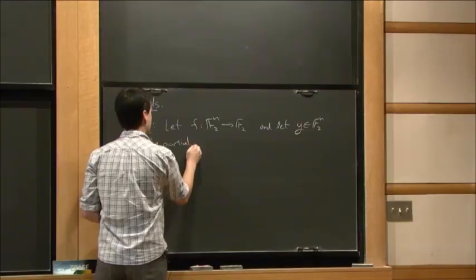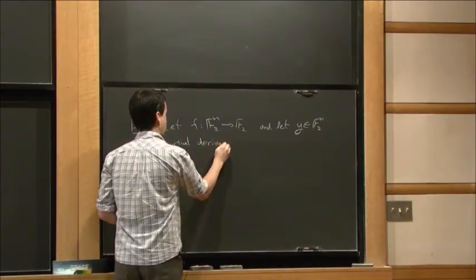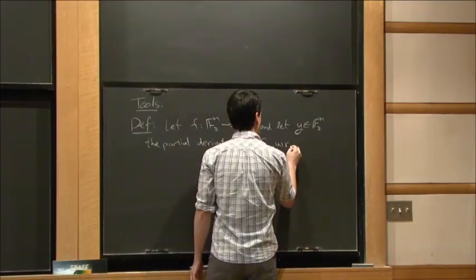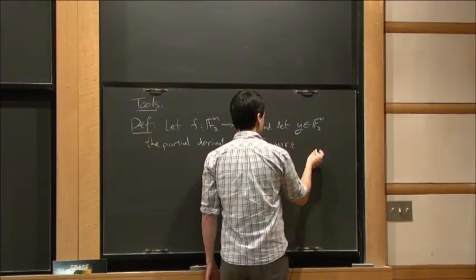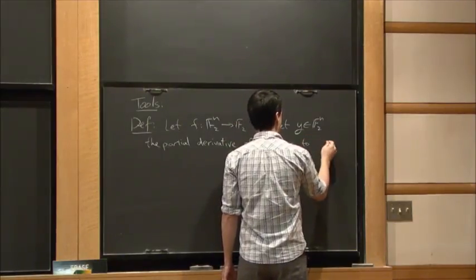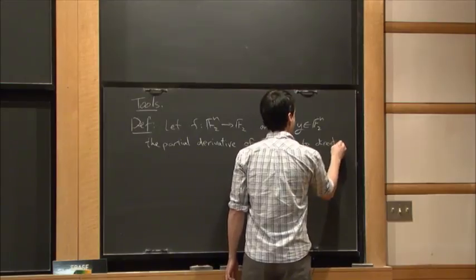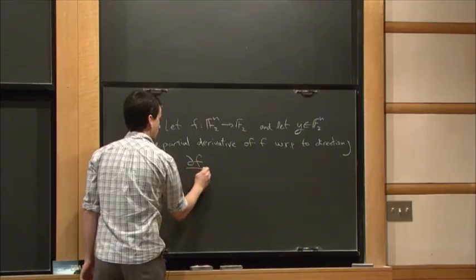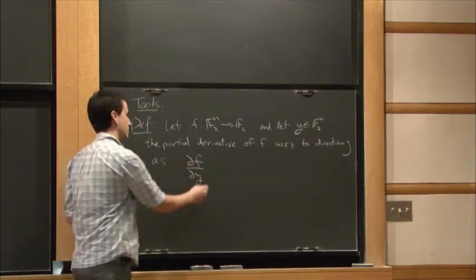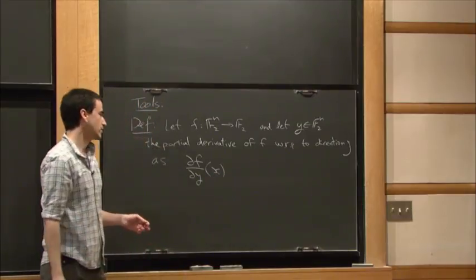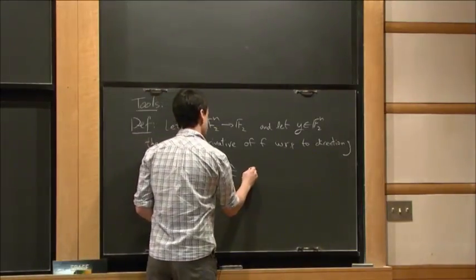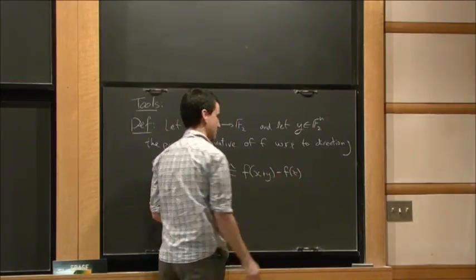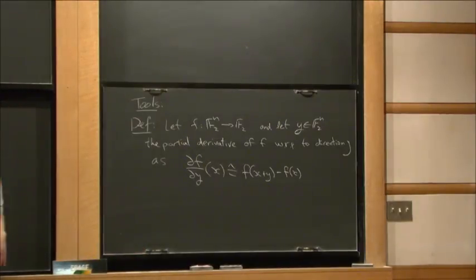We define the partial derivative of f with respect to direction y as, okay, so this will be a new function, and it will be defined as f(x plus y) minus f(x). Okay, this is the definition.